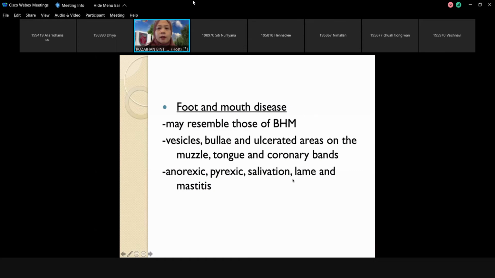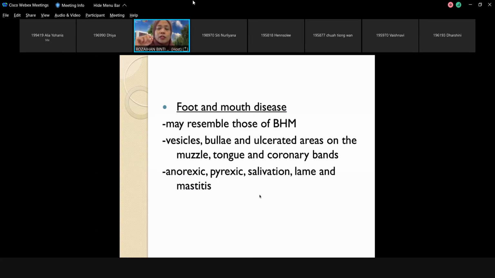Right, so one of them, have you heard of foot and mouth disease? FMD is very common, it's endemic in Malaysia, but I haven't seen a case of FMD for such a long time. If the cow is having FMD, of course it doesn't only affect the teat or the mammary gland, it also affects other areas like the coronary bands, muscles, and tongue.